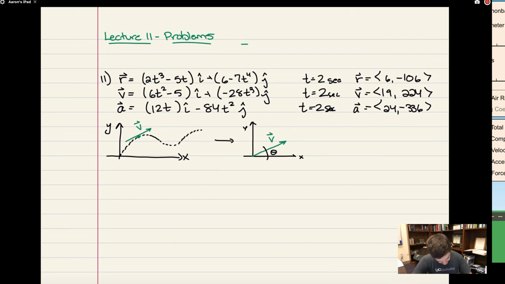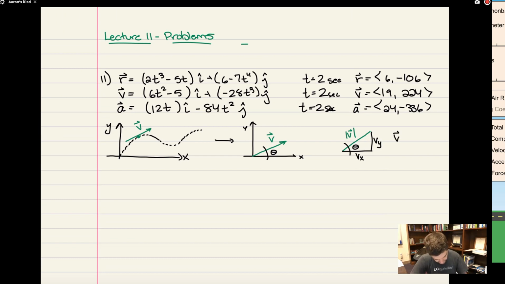Now with angles, triangles should always emerge in your mind. But what is the relevant triangle in this case for this angle? Well, the hypotenuse is just the magnitude of the velocity vector. That is how long the vector is and points in some diagonal direction. And then this is the y component and this is the x component of that vector.